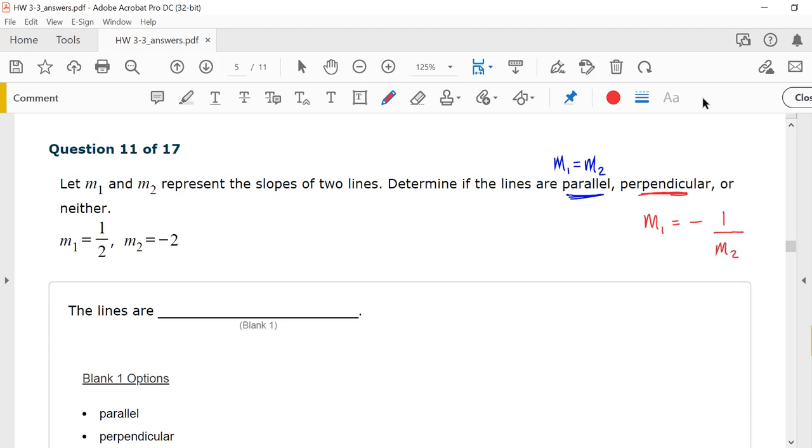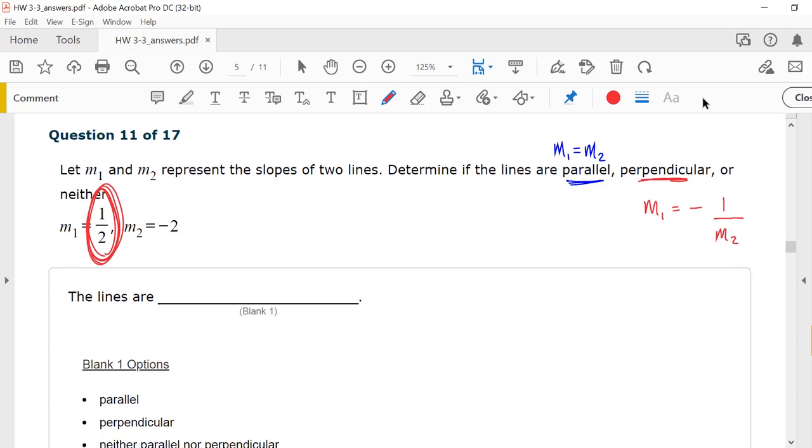They'd have to be negative reciprocals. So let's go look. M1 is 1/2. M2 is negative 2. Wait a minute. 1/2 and negative 2 over 1. Those are negative reciprocals, right? So these two lines would be perpendicular.